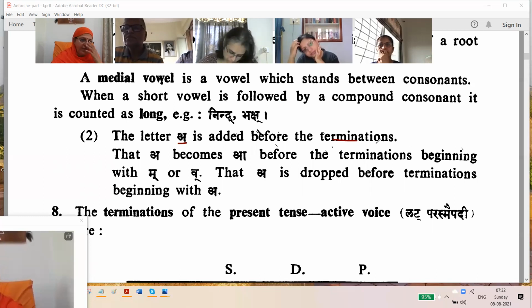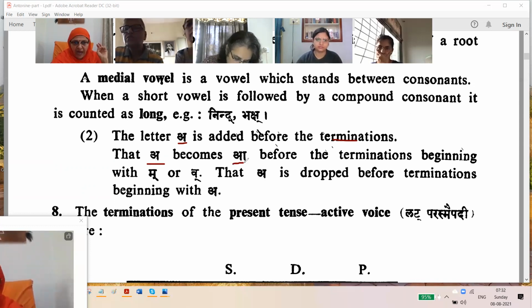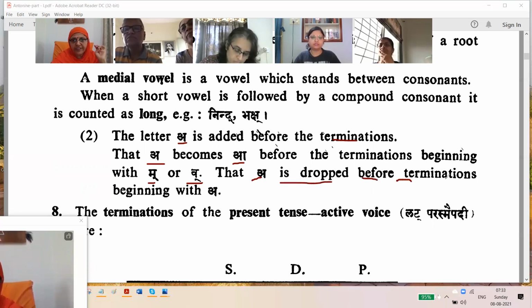Mi, vaha, maha, and so on are called terminations. That a becomes long before terminations beginning with ma and va: bhavami, bhavavaha, bhavamaha. And that a is dropped before terminations beginning with a, like anti: we are not saying bhavanti.